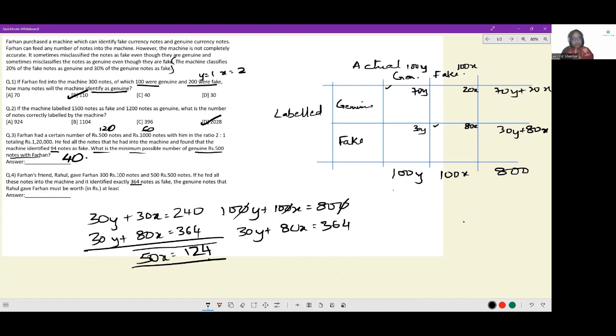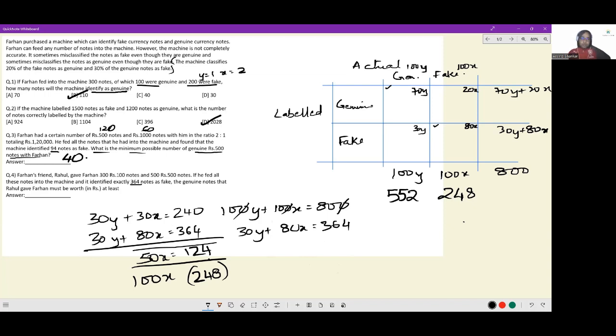If 50x is 124, 100x will be 248. So out of 800 notes, 248 notes are fake, and the remaining 552 notes are genuine.